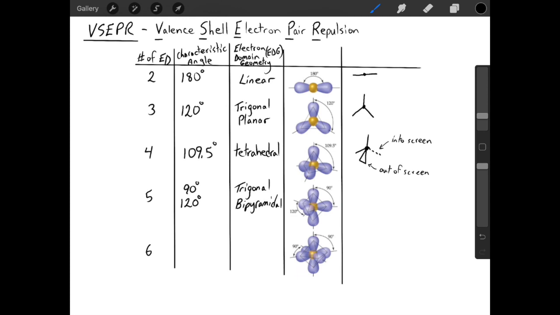The wedge and dash diagram for a trigonal bipyramidal structure is a little bit more tricky to draw. Typically, it helps if you draw the equatorial, flat, planar, triangular structure first, and then you simply add the vertical domains.